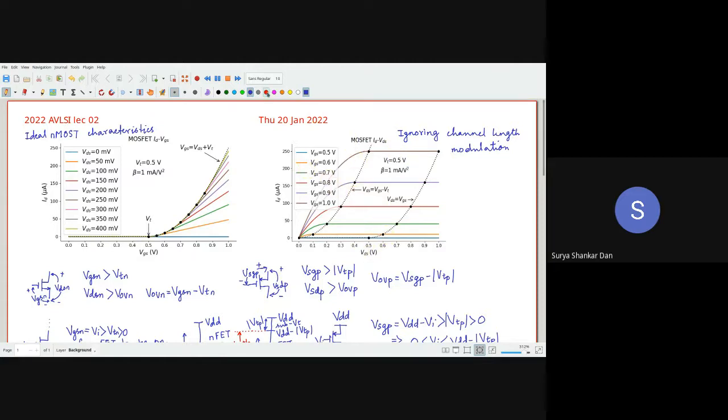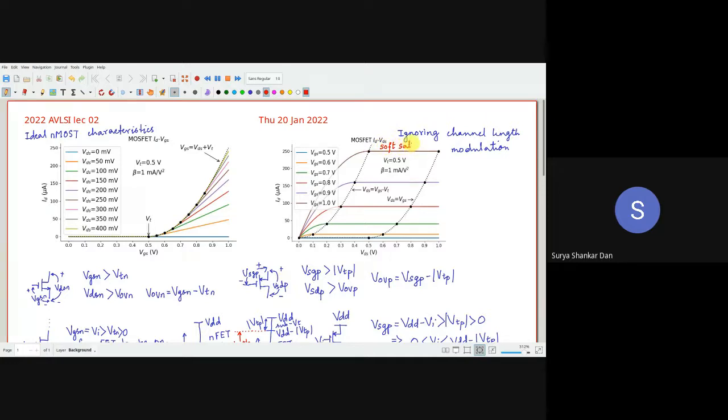So the region over here between this line, which is VDS equal to VGS minus VT, that is VDS equal to VOV, and this line which is VDS equal to VGS, this is called the soft saturation region.